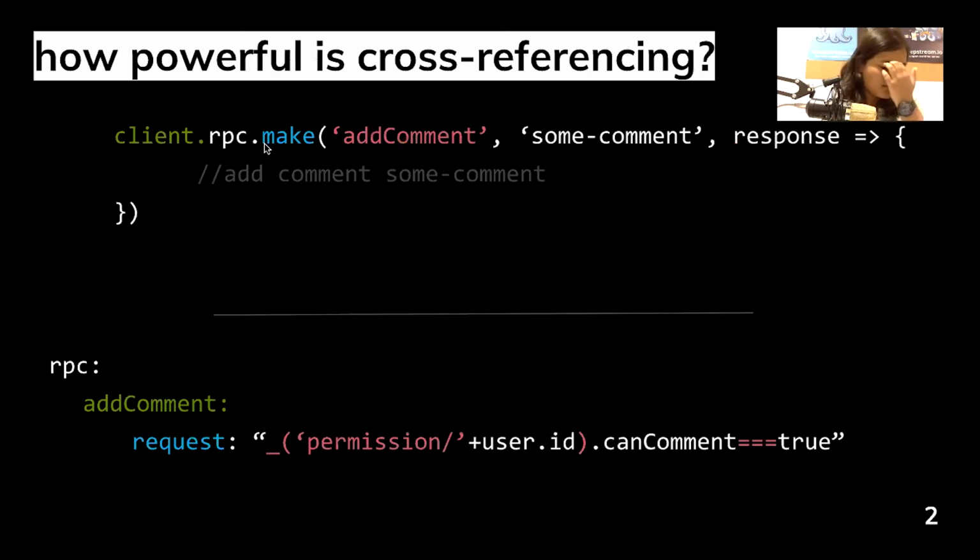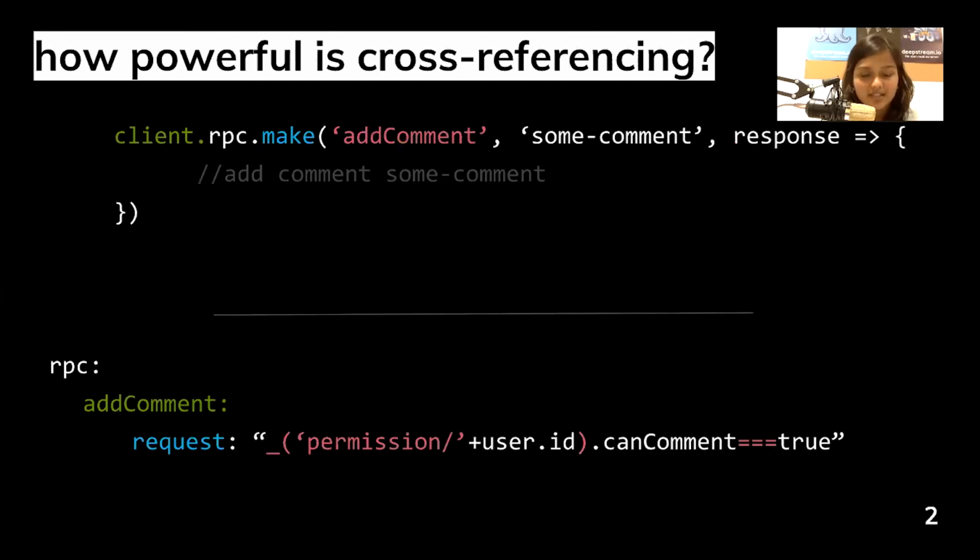And one thing to note about cross-referencing is, if you have subscribed to all these permissions, and at some point I plan to change some particular permission, and one of my clients is still subscribed and still performing some actions, I need to explicitly ask the client to refresh it.